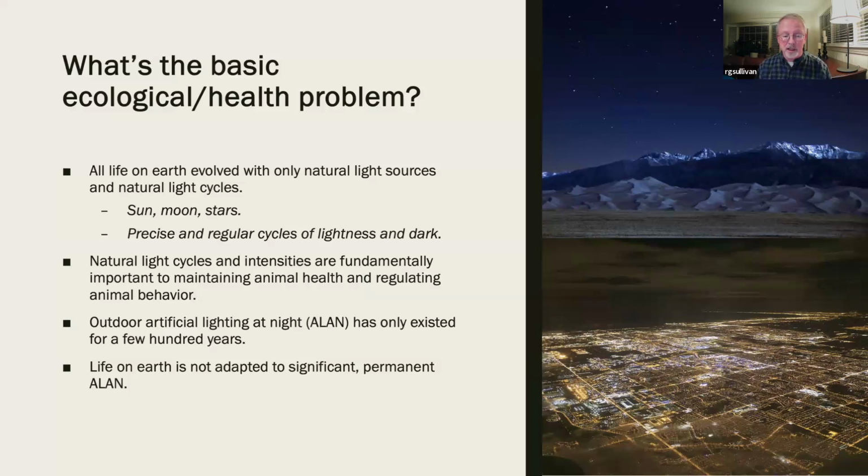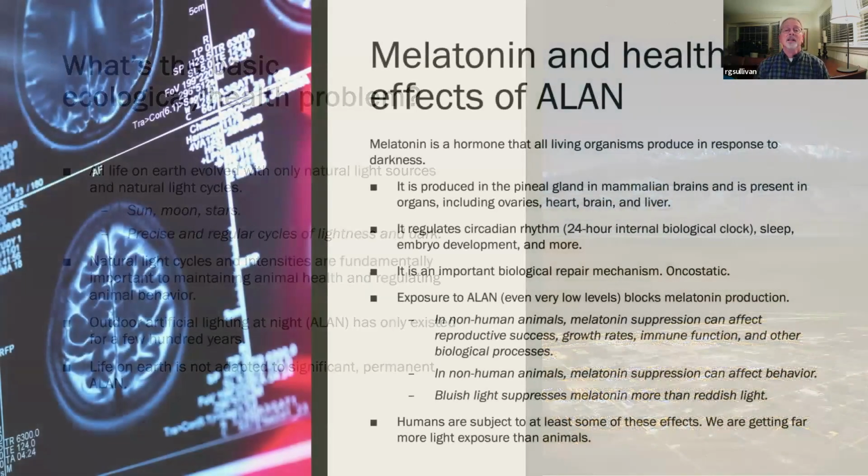It's only been around for a couple of hundred years, and life on Earth, including humans, is not biologically adapted to having more or less permanent light. The levels change unpredictably. They move around, and life on Earth has not evolved to deal with this necessarily.